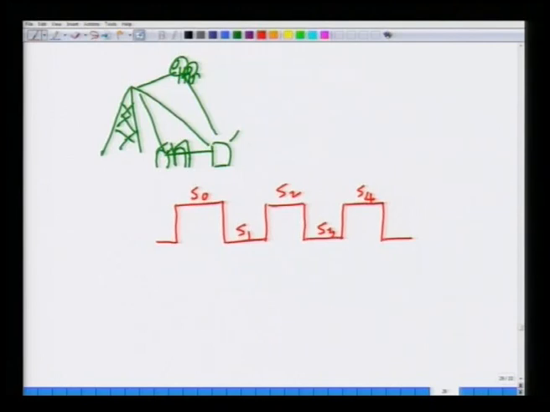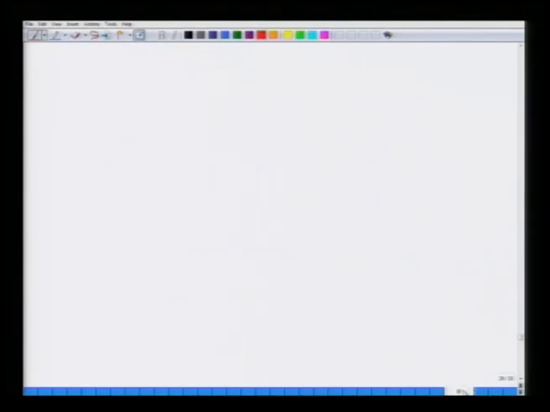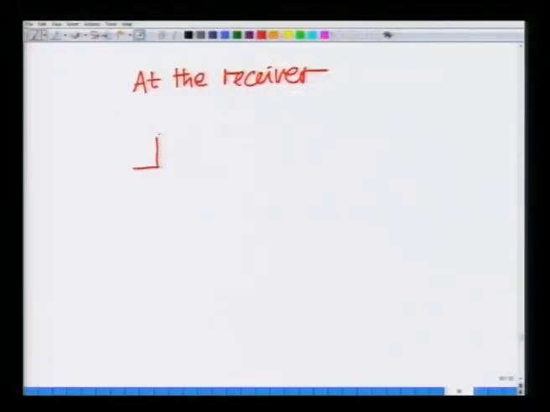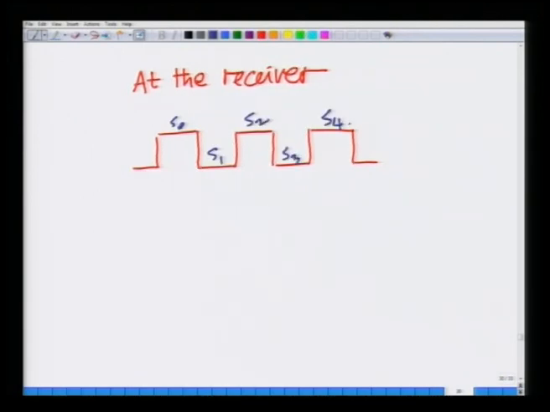Now, at the receiver, I get first the copy of the signal which is from the direct path. So, I get symbol S0, S1, S2, S3, S4, so on.